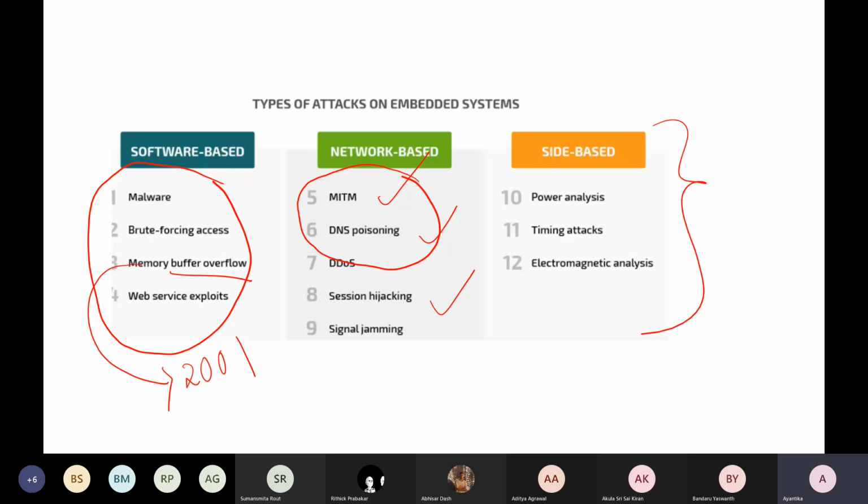But the important part is that side channel attacks, around 2009, 10, 11, 12, and even before that, were already very prominent. They still are, but at least the idea was known.